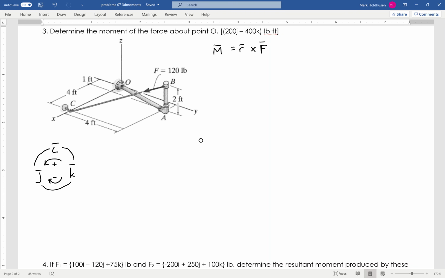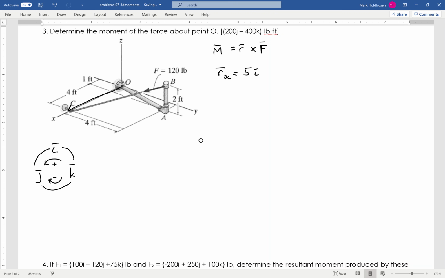I have basically two choices here. I can either go from O to B, or I can go from O to C. Now, actually, there's an infinite number of choices, but those are the two most reasonable ones to choose. I'm going to choose O to C because that's just a single component of that position vector, and that's going to be 5i.